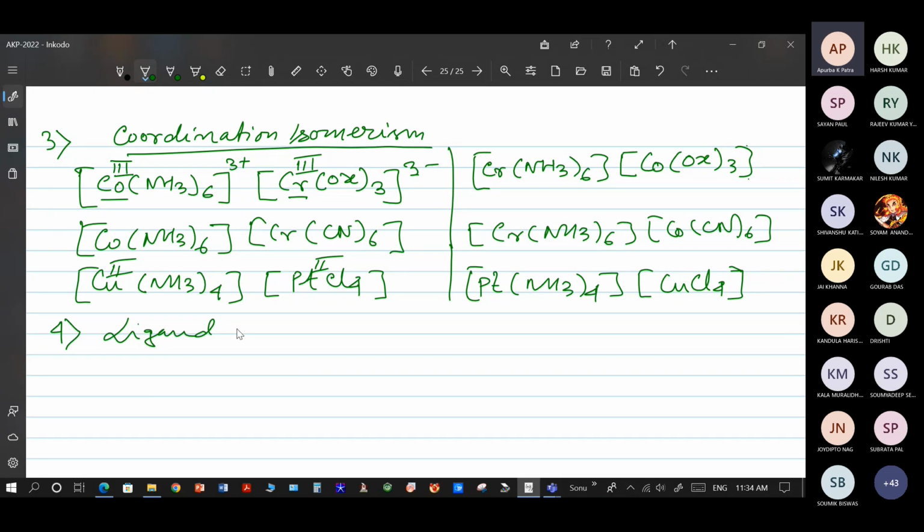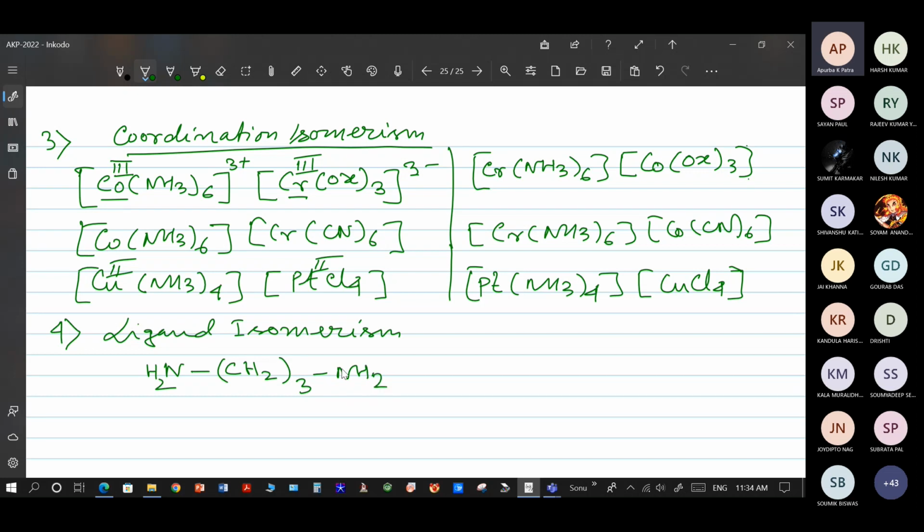So ligand isomerism is telling us that your ligand itself behaves like an isomer. I am just going to give you two different examples of ligands which have the similar composition, meaning the same molecular formula. CH2 whole 3 and then NH2.